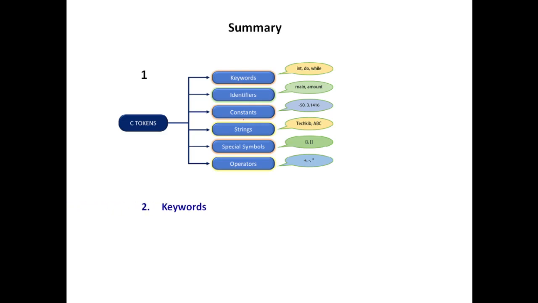And we have understood what is meant by keywords and what identifiers or variables are, and what rules must be followed during the declaration of identifiers or variables. In the next video I will be discussing what is meant by constants, strings, special symbols and operators.